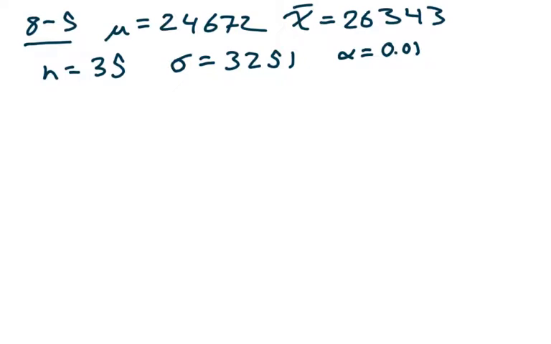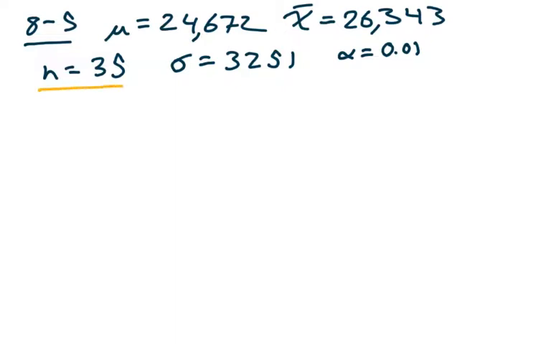Okay, so the problem, like we said, is the exact same one that we did last time. So all of the same information is still true. Mu is the hypothesized value for the population mean. That is $24,672. X bar, that was the average for the sample at this particular hospital that they computed. That was $26,343. The sample size, n, was 35.